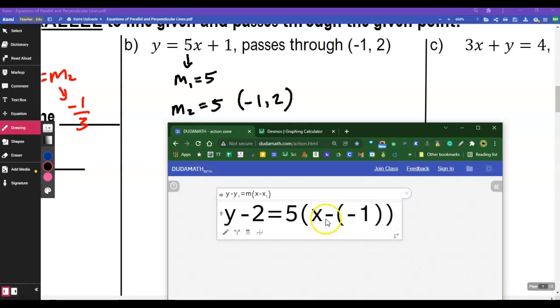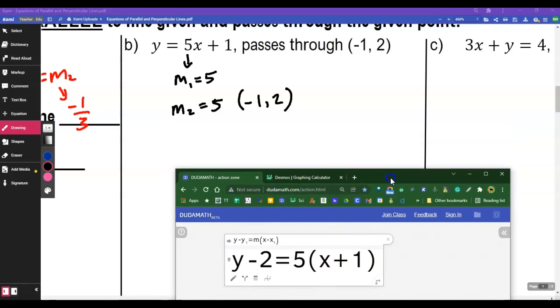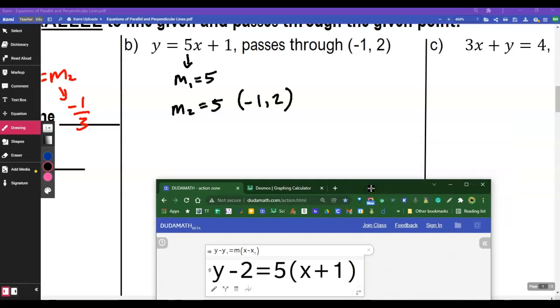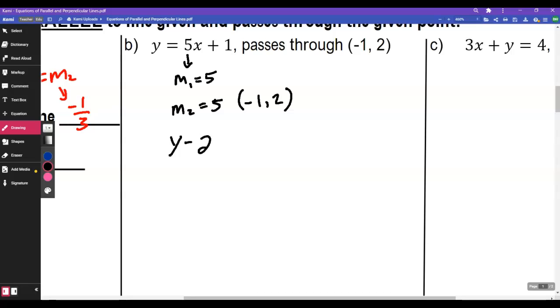Notice how I get minus and -1. The formula has a negative or a minus, and so does the number. So when it simplifies, of course, it becomes x plus 1. So that would be the final point slope formula format. Y minus 2 equals 5 times x plus 1.